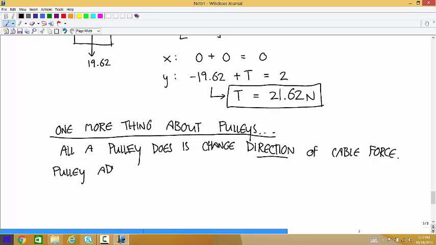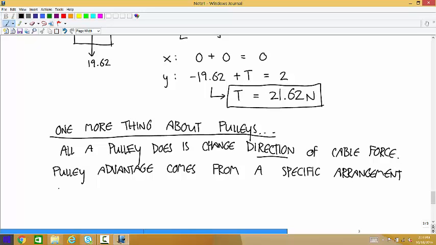Pulley advantage comes from a specific arrangement of multiple pulleys, not from a single pulley.